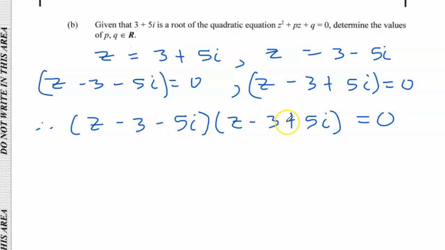Since one of these brackets is 0, either this bracket is 0 or this is 0, because since one of these is the root, then if we expand these brackets, we should get 0.